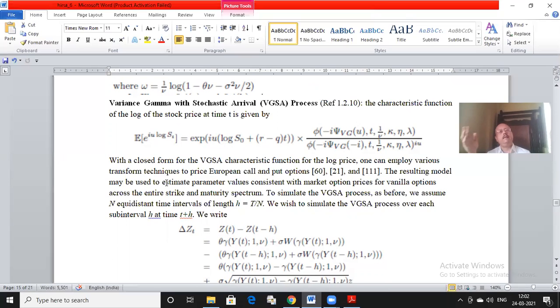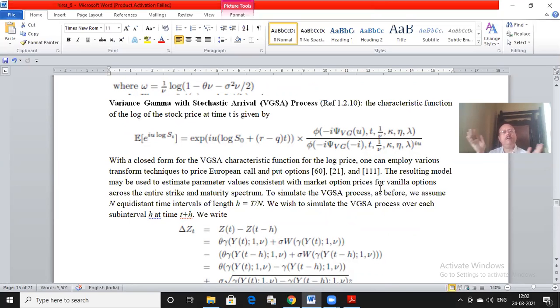So if I have data on prices of the simple vanilla options, calls and puts, and I also have the analytical formula for the corresponding prices using this characteristic function, I can calibrate my parameters. All the unknown parameters involved in this model can be estimated.